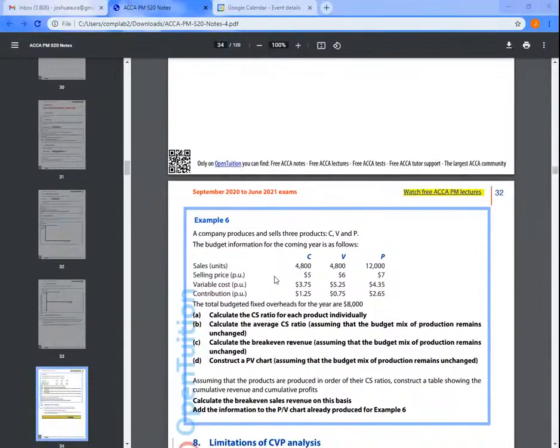Just check again your figures for contributions and the sales, and then we see where we've gone wrong. Somebody is saying 6,000. Where is this 6,000?